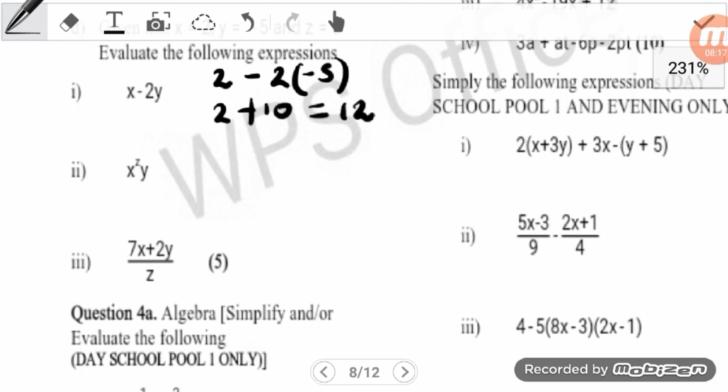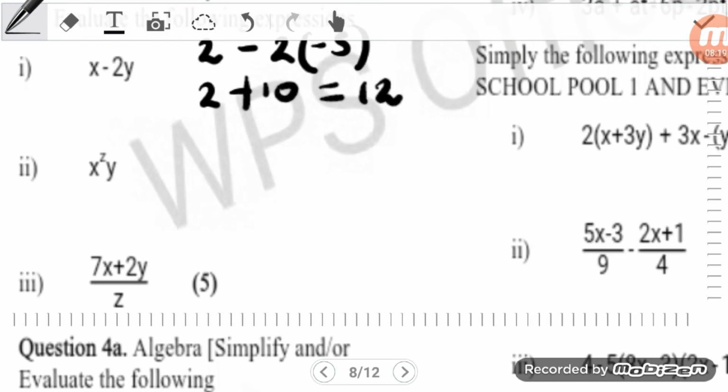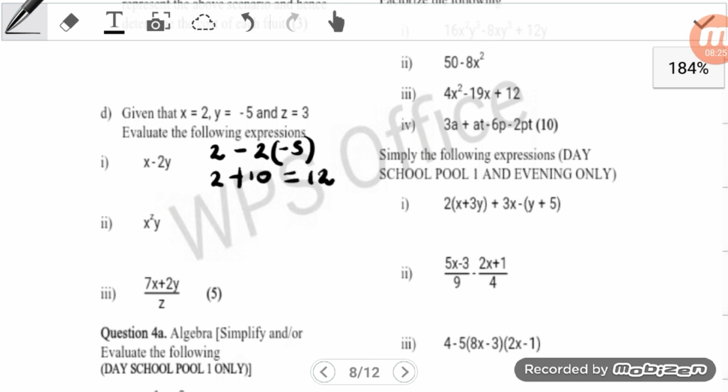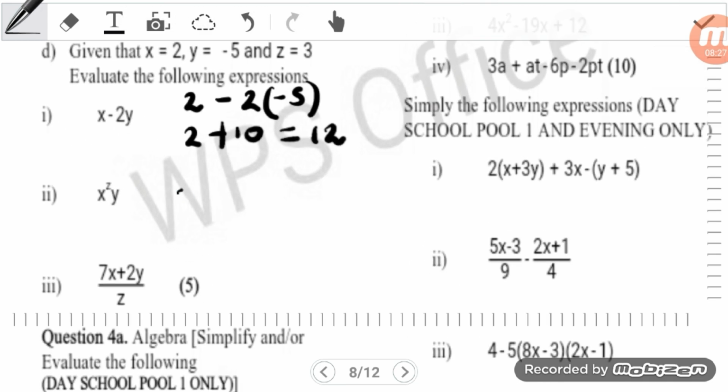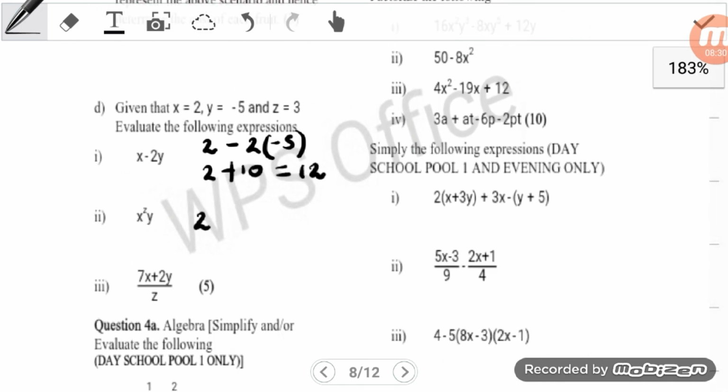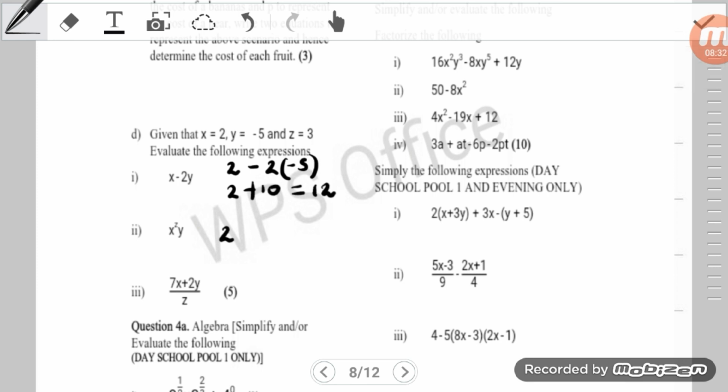All right. Now we have here that the value of x is being raised to the power of z. So x, we are told, is 2, and we're going to be raising it to the power of z, where z is 3. For some reason, whilst I was marking a few of my students' papers, I found a lot of them putting a subtraction sign here.